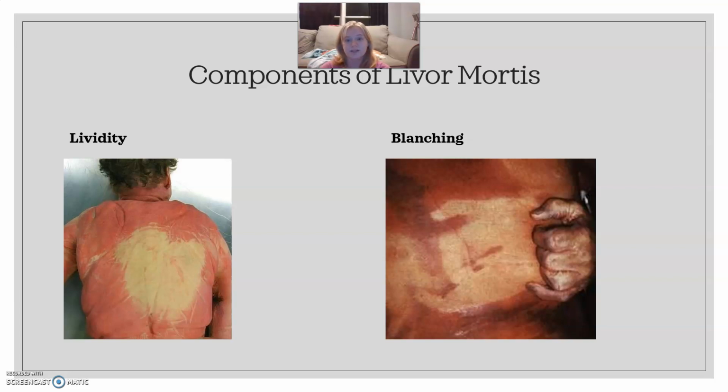And blanching is going to be that white part, and it's usually where the body was in contact with a hard surface. So this person, I can't tell what part of the body that is, but they likely were laying on their hand for an extended period of time post-mortem, which caused the blood to pool around the hand and create that indent.